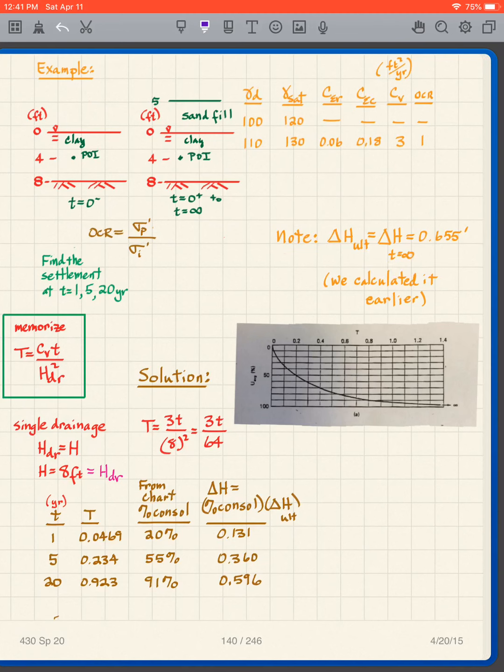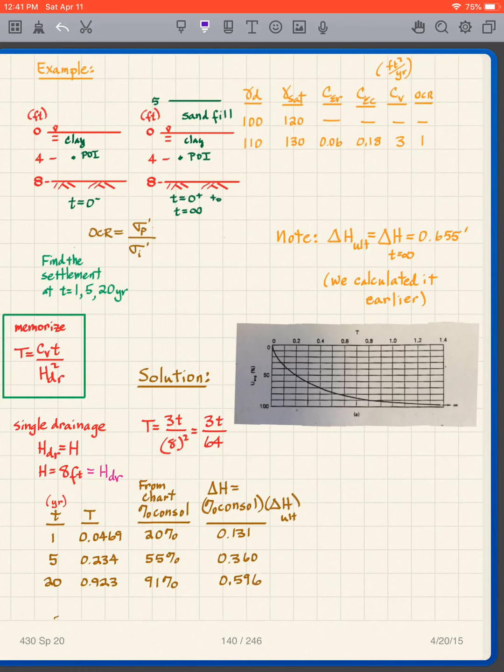Okay, so here are all our soil properties and everything like that. Okay, here's how we solve the problem. We're going to use this chart instead.